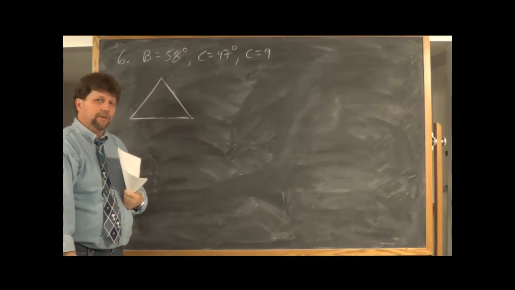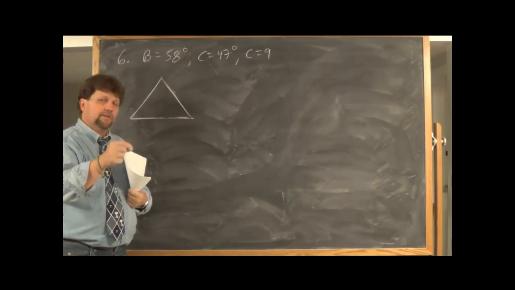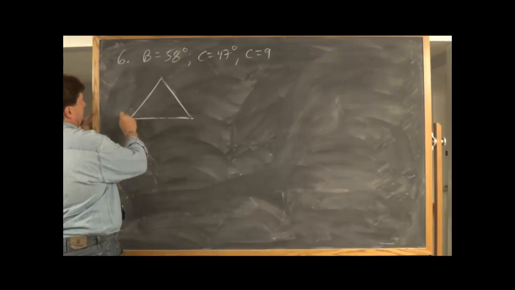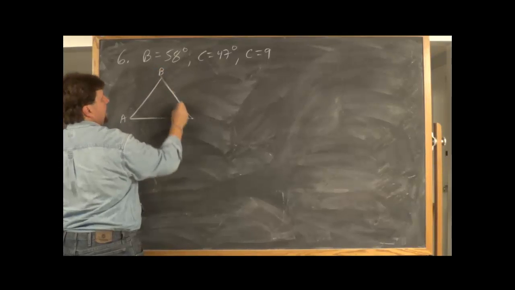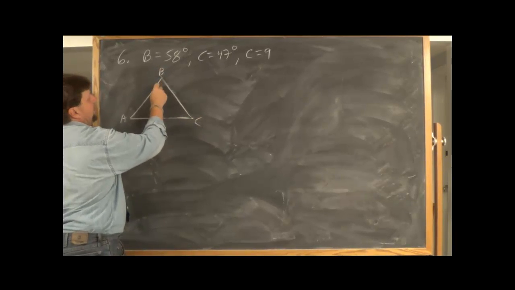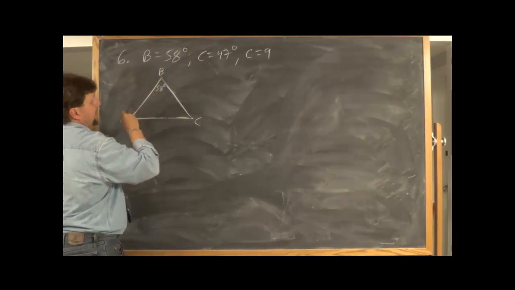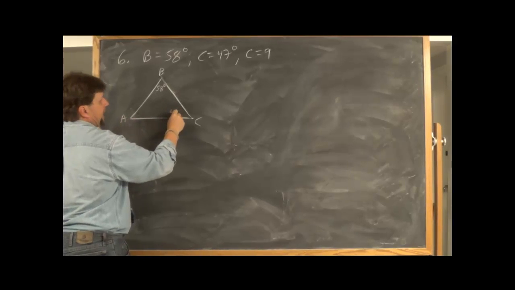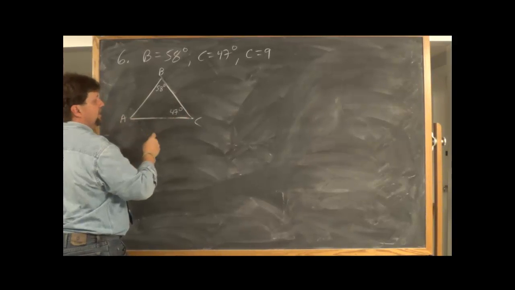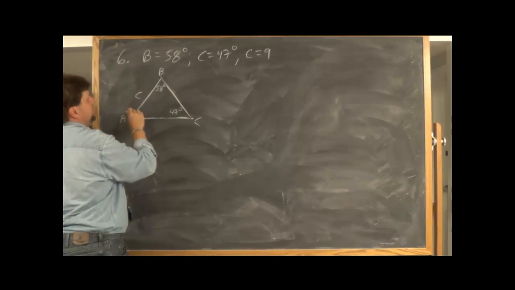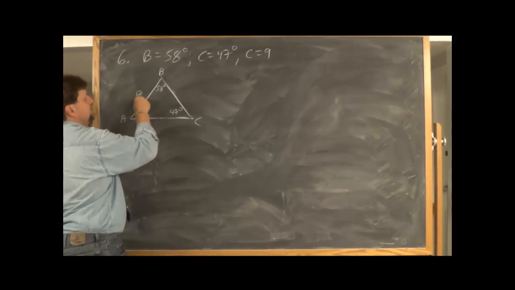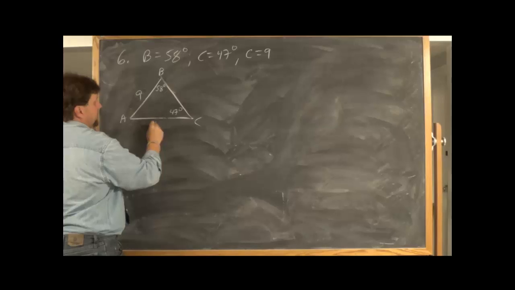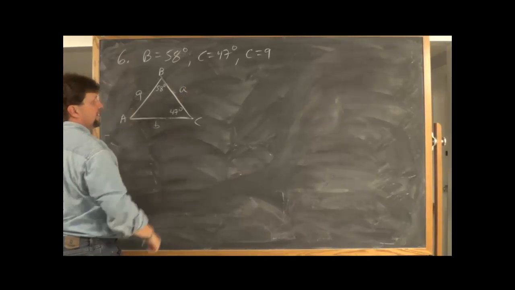All of my triangles would look the same, unless it's a right triangle. And I just label. Angle B is 58 degrees, angle C is 47 degrees, side C is 9. Here's side B, and there's side A.